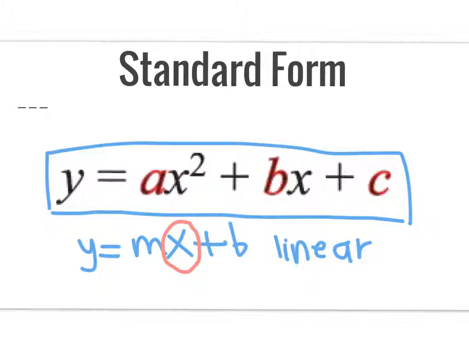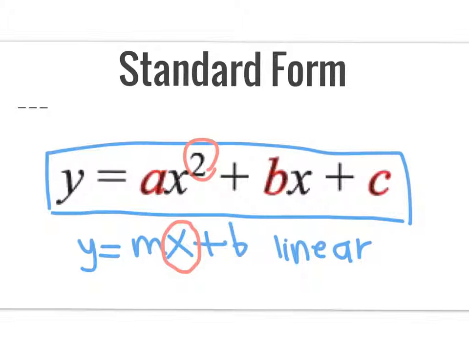But in our quadratic function, the highest power of x is the second power. That's how you can tell the difference between a quadratic function and a linear function. If it's linear, you only see x, and if it's quadratic, you will see some kind of x squared. So this is quadratic because it has x squared.